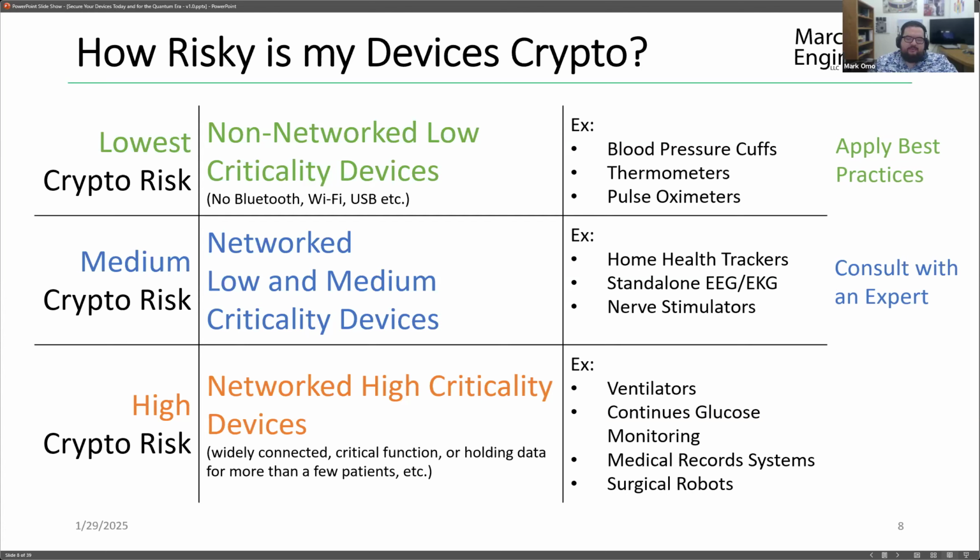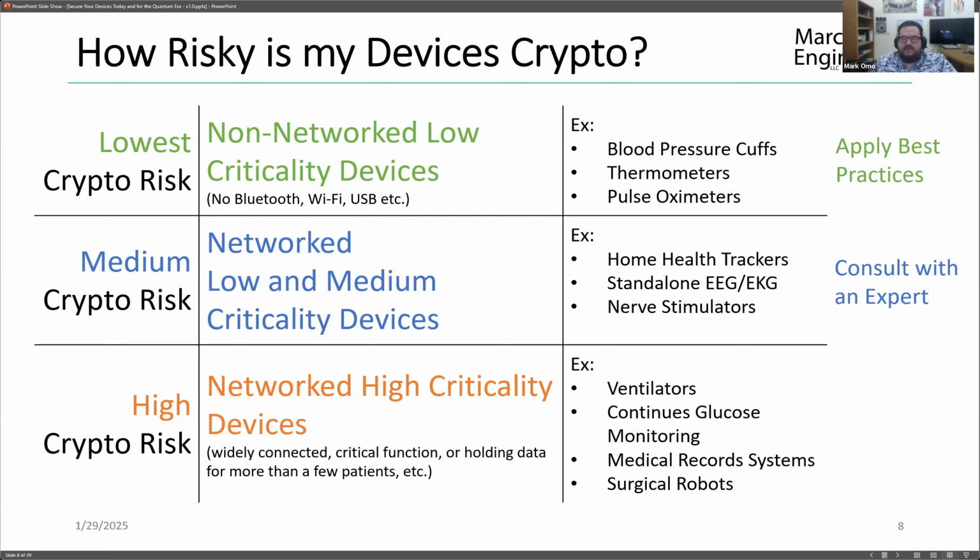And then all the way at the high end, where we have high criticality devices, network devices, or systems that are holding large amounts of patient data, things like that. Things like ventilators, continuous glucose monitors. They're both connected and could have serious implications if they fail.